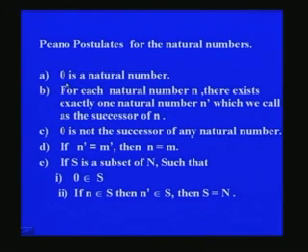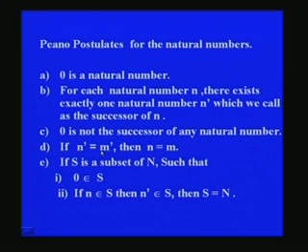Peano postulates: A, 0 is a natural number, then for each natural number n, there exists exactly one natural number n dash, which we call as the successor of n. In the second class itself, we are bringing out the fact that the successor is unique. Third is 0 is not the successor of any number, and the fourth one is the predecessor is unique.